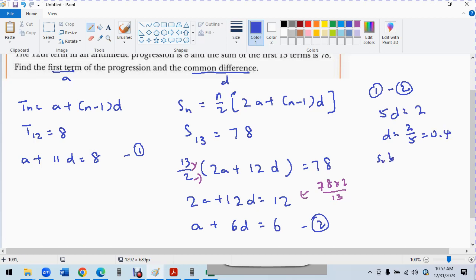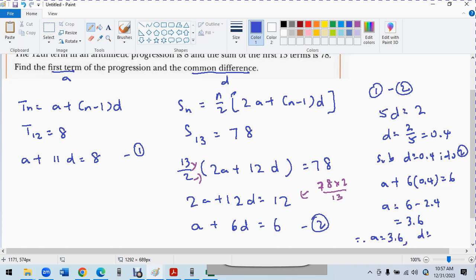Then we substitute d equals 0.4 into equation 2. We have a plus 6 times 0.4 equals 6, then a equals 6 minus 2.4, and that is 3.6. So the first term is 3.6 and the common difference is 0.4.